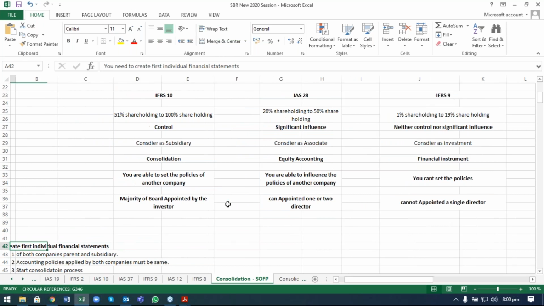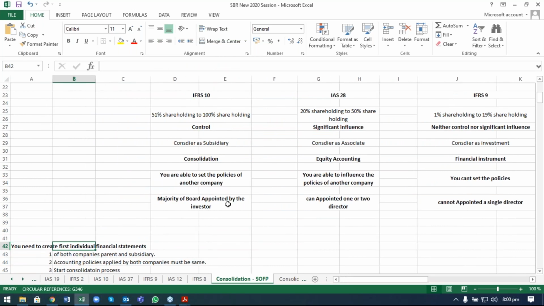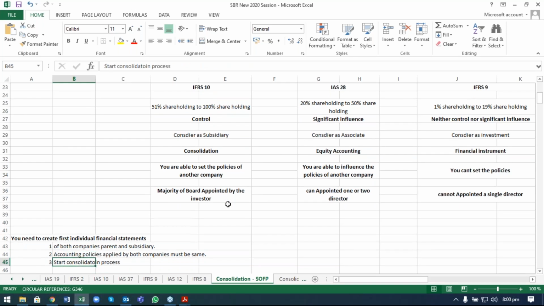I'm looking into consolidated financial statements with multiple subsidiaries, and how we're going to account for them. I'm giving you an idea, and then moving on to the foreign exchange gain or loss on a subsidiary. So for both the parent and subsidiary companies, first you need to create the individual financial statements of both. You need to align the accounting policies of both companies.